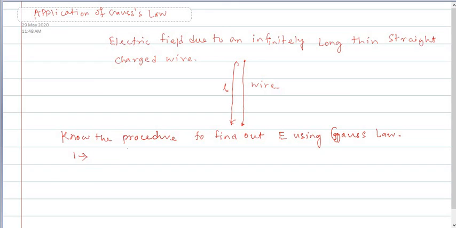Now you should remember. We should consider an imaginary surface. You know what an imaginary surface is? The surface is something we imagine, and it is symmetrical. Remember this. So that means such that E and theta are symmetric.